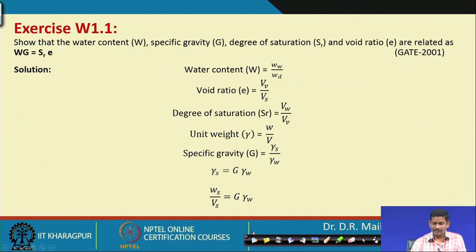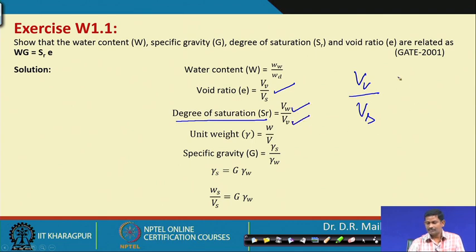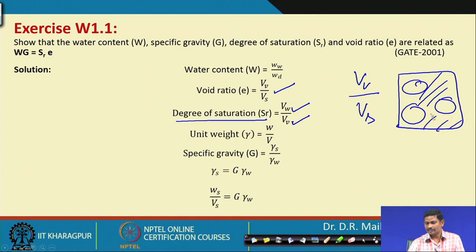Then there is the void ratio. Void ratio is volume of voids by volume of solids. This is known. And degree of saturation S R is the volume of water divided by volume of voids. That means you have voids, and this is the soil.